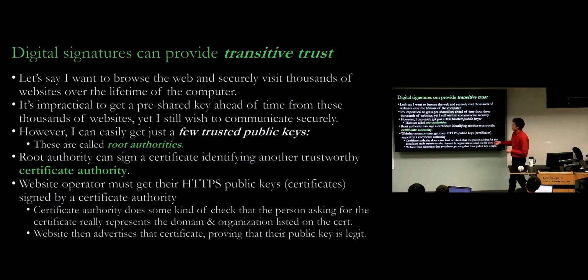So, for example, if I'm a website operator, if I start a new website, like ECS340.com, and I want to allow HTTPS for secure connections to that website, I will have a public key on that web server that allows us to establish a session key. But in order for people to trust that public key, I have to generate a certificate signed by someone that most people trust, saying that, in fact, this new public key is the public key of ECS340.com.